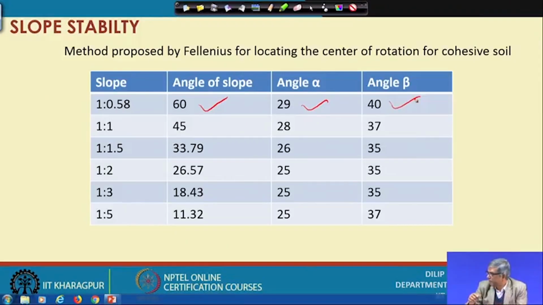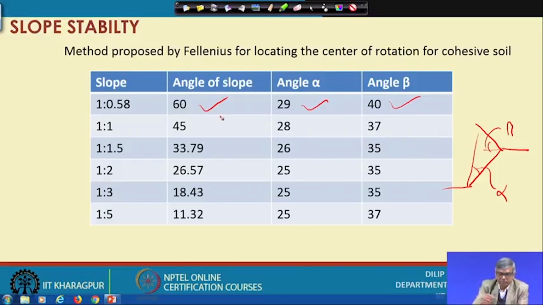So, if you have a slope like this, and this is alpha and this is beta, and this slope angle is 60 degrees, then alpha becomes 29 degrees and beta becomes 40 degrees.